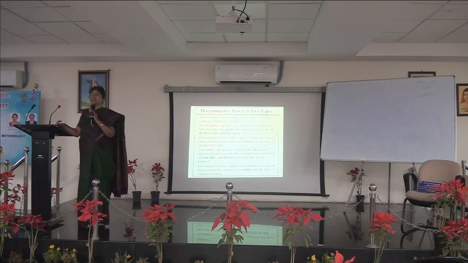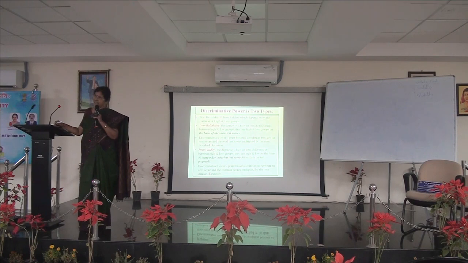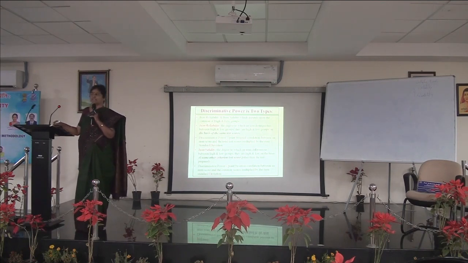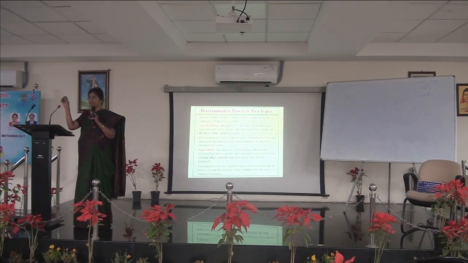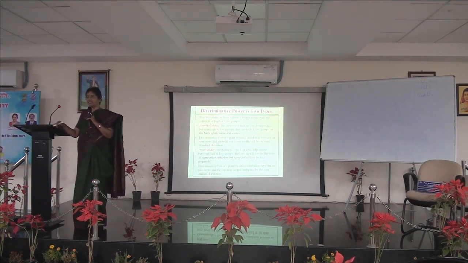Some attributes can be measured in nominal or ordinal scales. Say, how many students got distinction marks? How many students got first class? Like that, you count the frequencies. And when it comes to ranking, first rank, second rank, third rank, the position, then it is called ordinal.